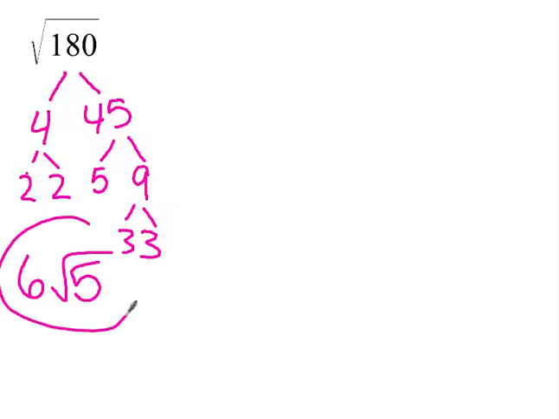Okay, nice job, by the way, 6 root 5. Now, I noticed somebody else did something different. Okay, would you go write yours up? All right, we're going to see another one. Okay.